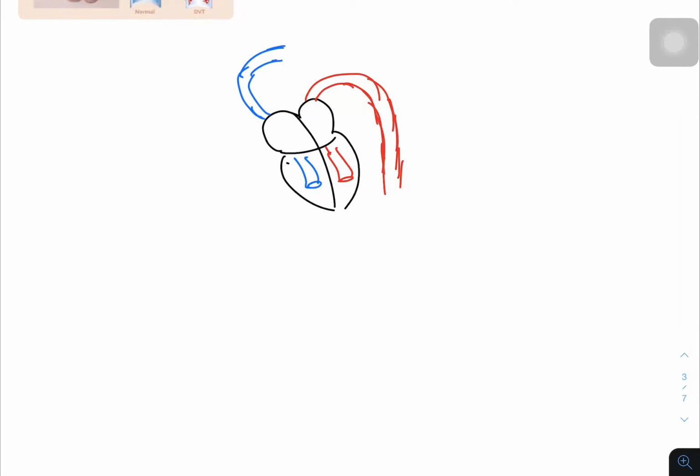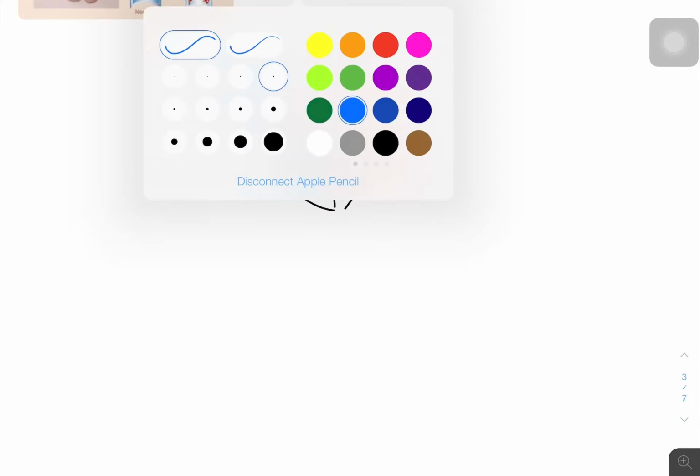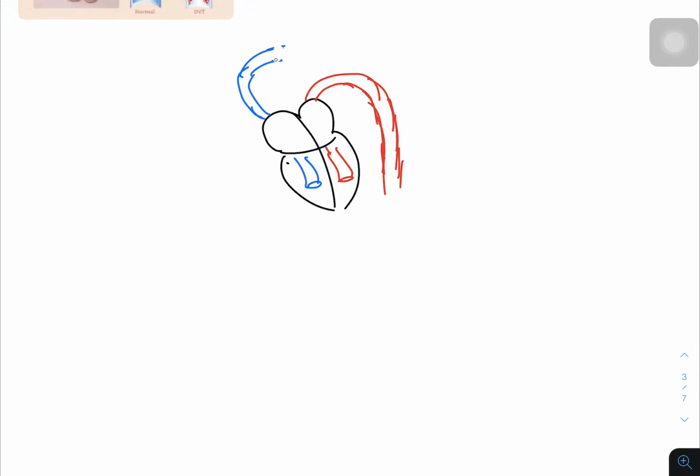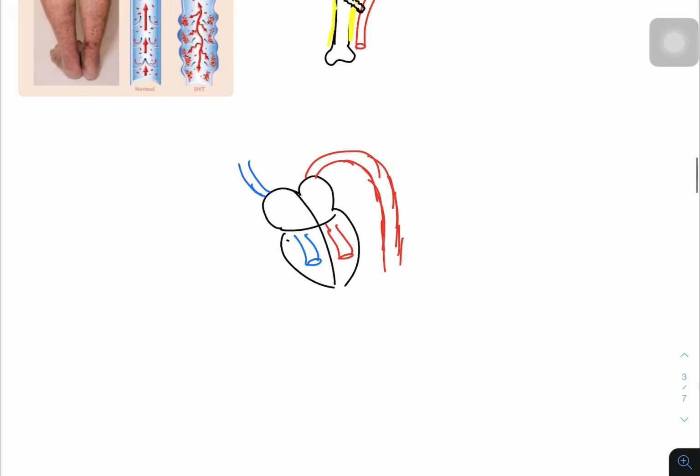And all the way it goes over there, and what happens? Let me draw it bigger. Here you have got your lungs, right?